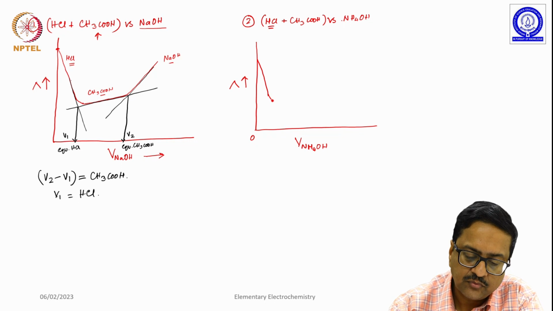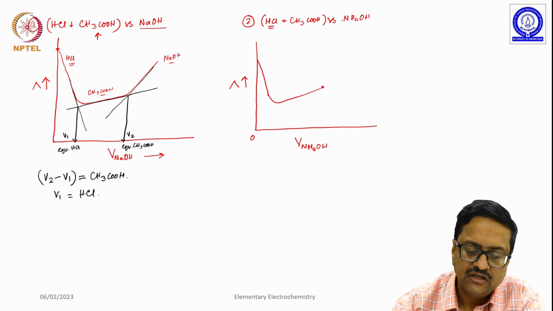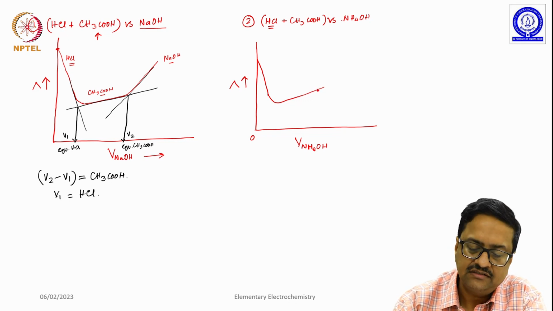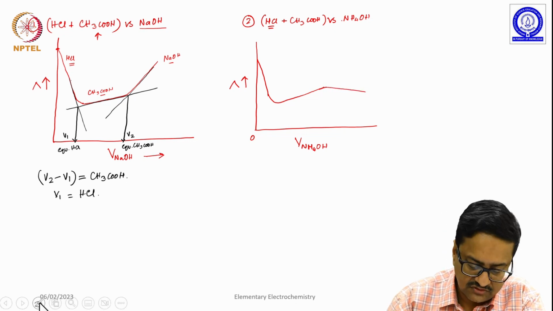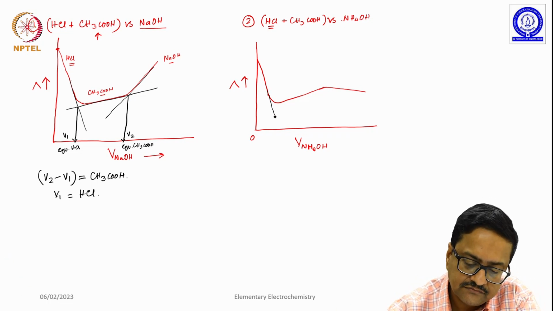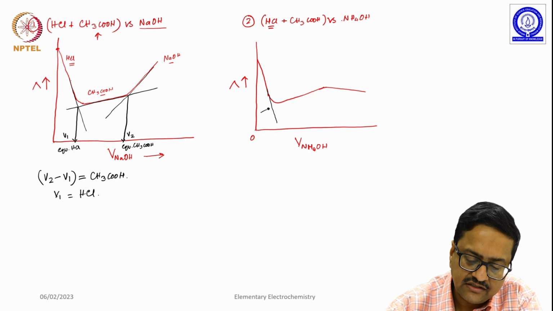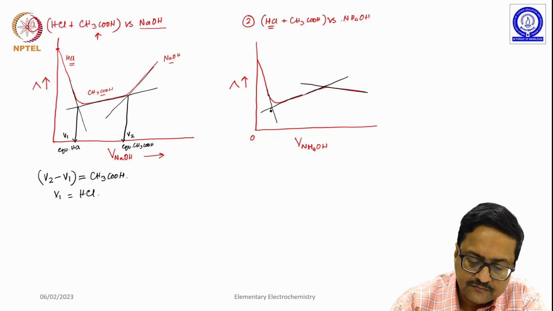Near the equivalence point, when the acetic acid starts to dissociate, it will curve around and go up, and then when acetic acid is also consumed, NH4OH is there, there will be a change of slope. So two different slope changes will be evident. You draw a tangent here, a tangent there, a tangent here, and a tangent there.